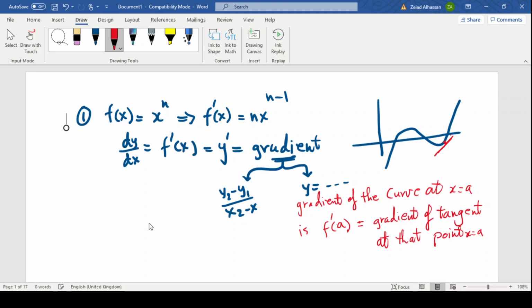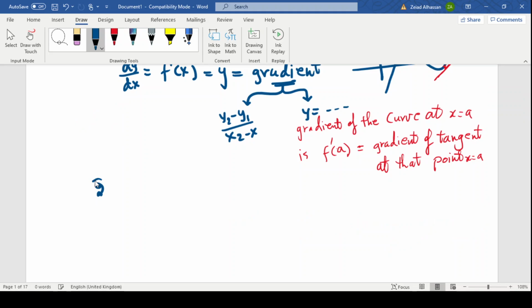And second thing, number two, the equation of the tangent is the same as the equation of a straight line, because tangents are straight lines.